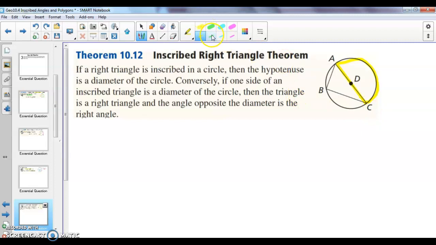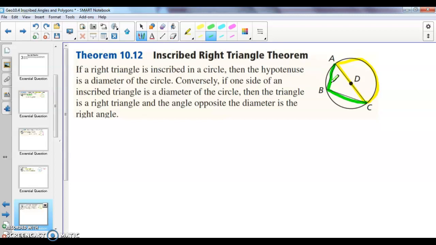So if it is a semicircle and angle ABC is the corresponding inscribed angle, we can find the measure of angle B by getting half of the semicircle. So since the semicircle measures 180 divided by 2, then angle B will be equal to 90 degrees.